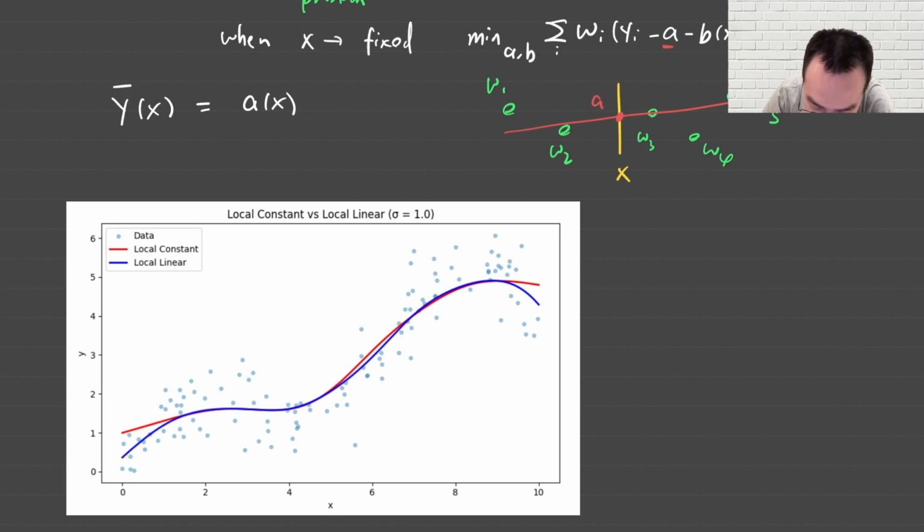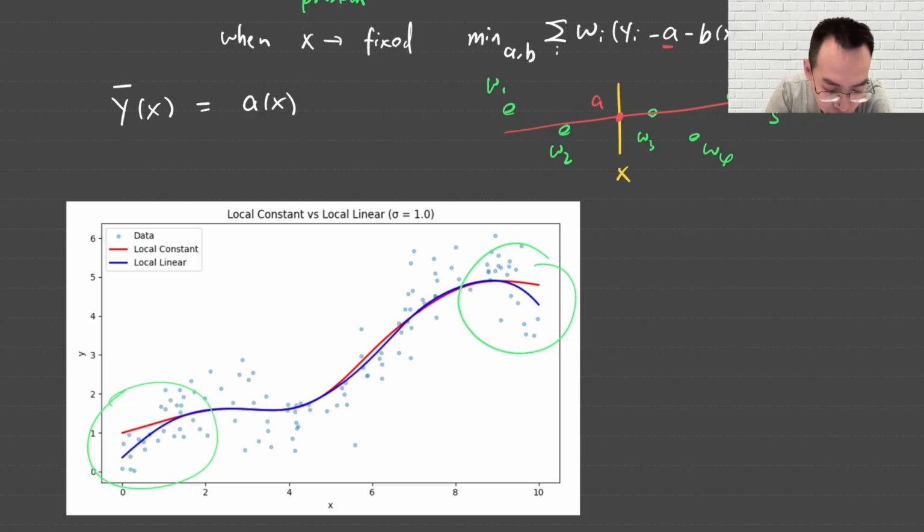The red curve is kernel smoothing, and the blue curve is local regression. For the majority of these curves, they look almost identical. That means with or without using the slope, it makes almost no difference. But the behavior is very different at the boundary, at this part and this part.